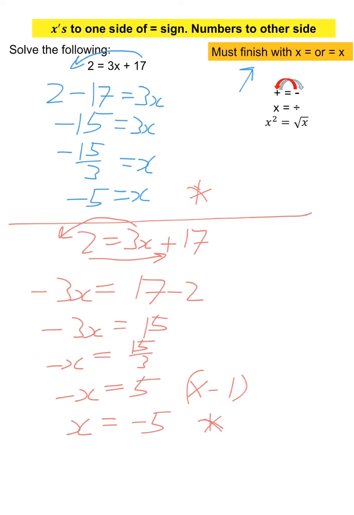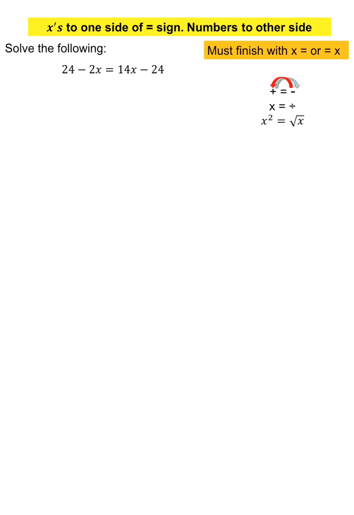Okay, I'll show you another example of this type. So here we have 24 minus 2x equals 14x minus 24. So the first way I'll do this, I'll bring all my x's to the right. So I'll bring the x over here and then minus 24 over there.